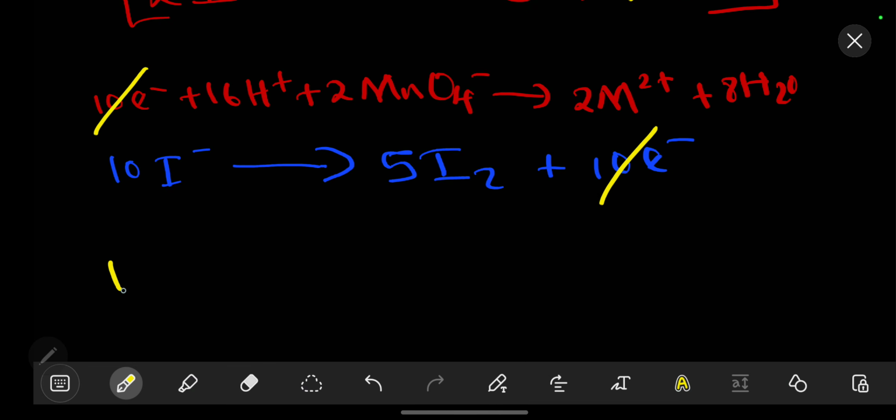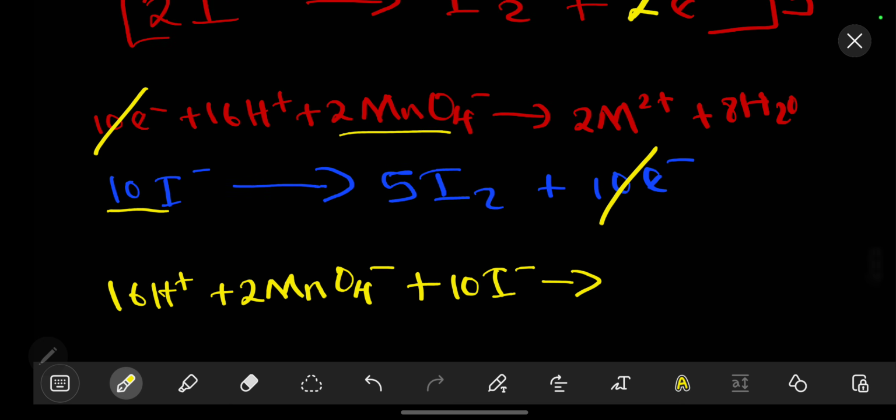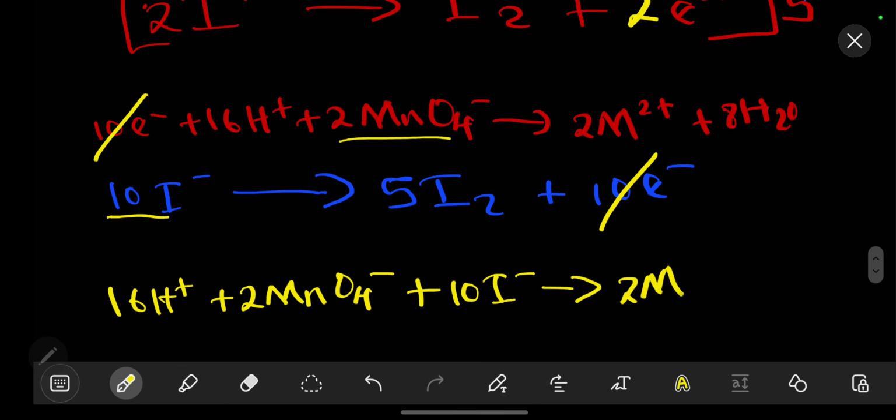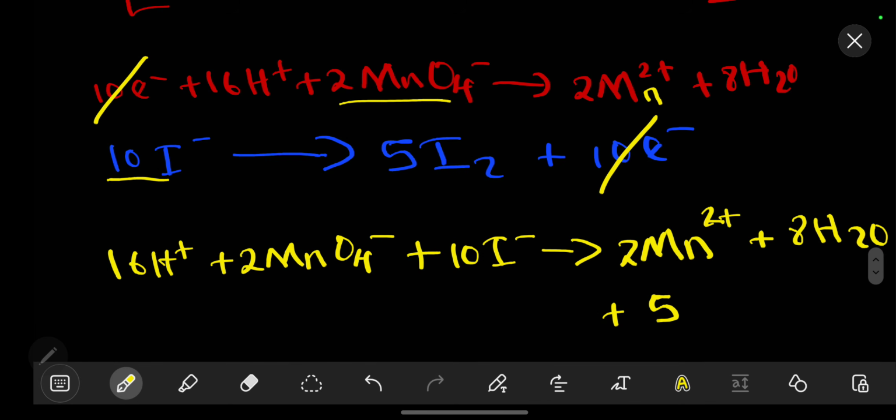So we are remaining with 16 hydrogen ions plus our 2MnO4 negative plus the other reactant, which is 10 iodide ions, to become 2Mn 2 positive, then plus our 8 H2O. Then last but not the least, plus our 5 iodine, like that.